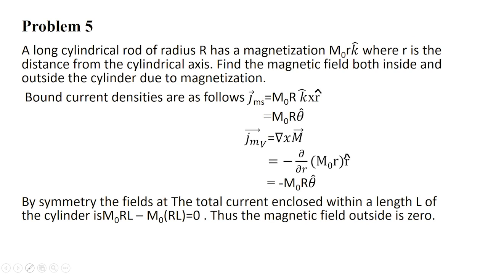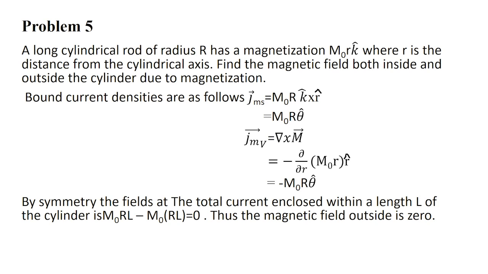Now we can see the solution. To find the magnetic field, we need to find the bound current densities. First we find the surface current, K_b, given by the formula M vector cross n cap.